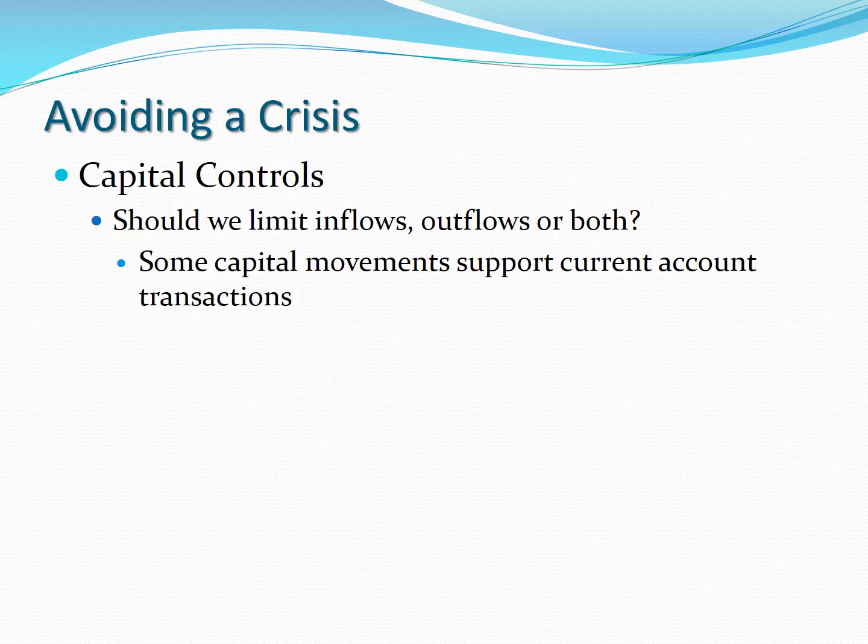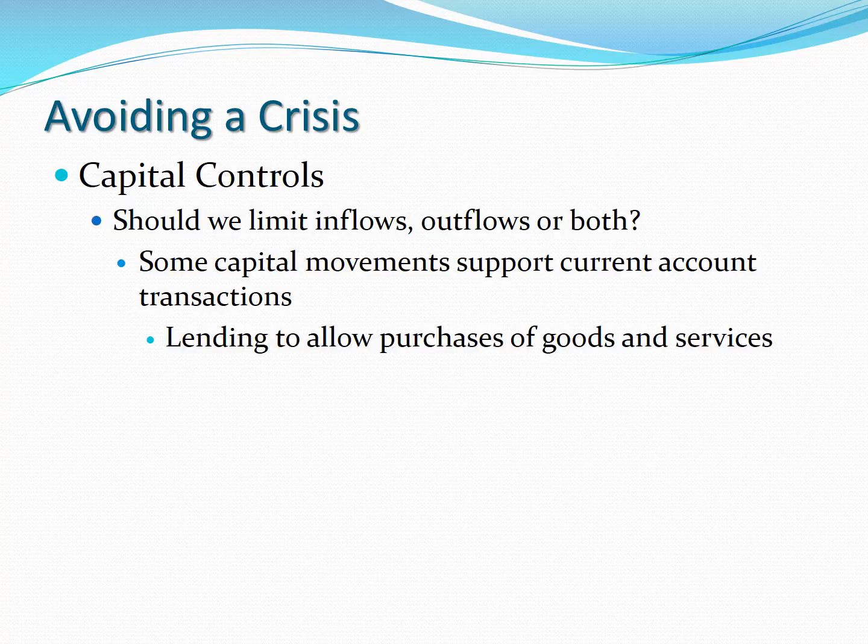Although this is significant, it's worth noting that no one suggests controlling those types of capital movements. Allowing a customer to have an account with you and pay you back at a later date is not at issue here, although some of those are loans with interest. So that's just lending to allow purchases of goods and services. We don't want to limit that at all. That would prevent exports and imports. It's not what we want to do.